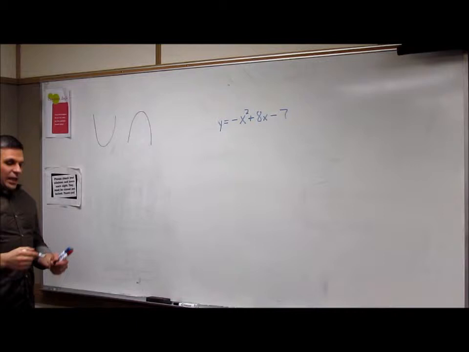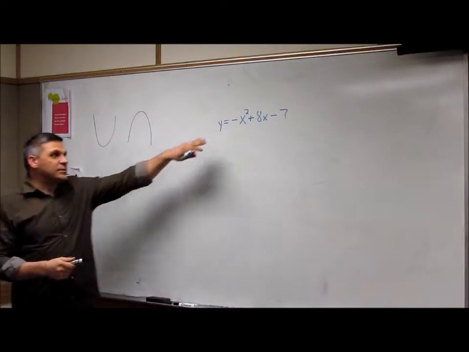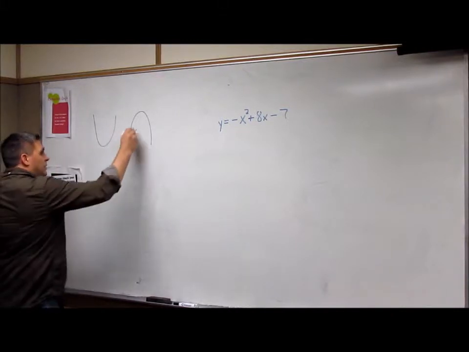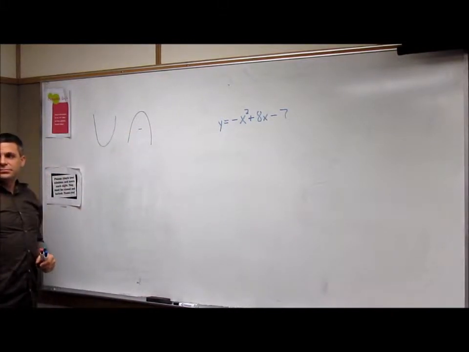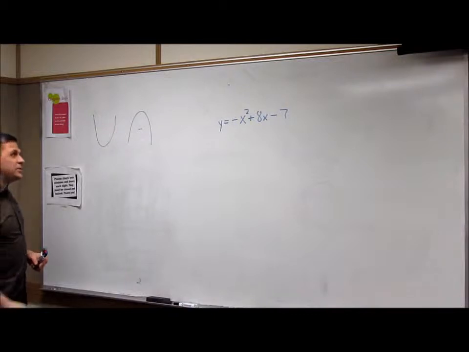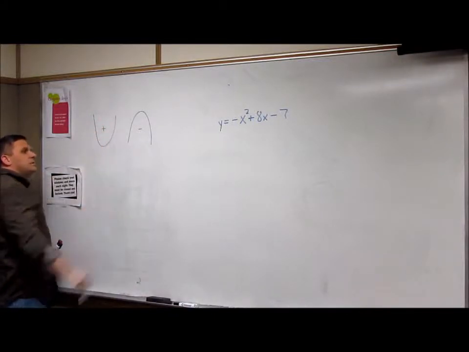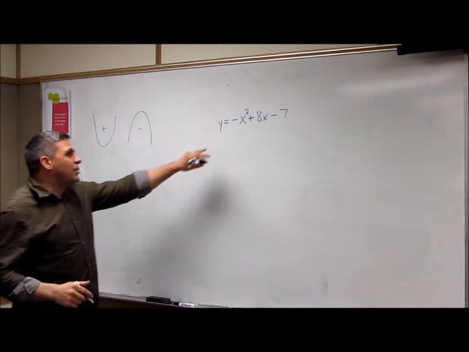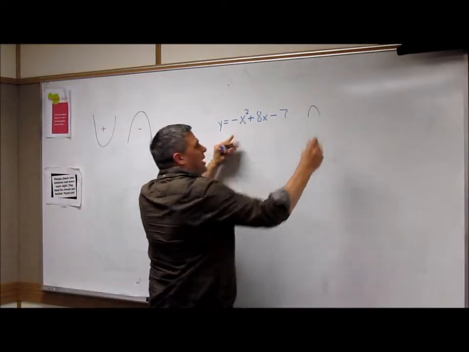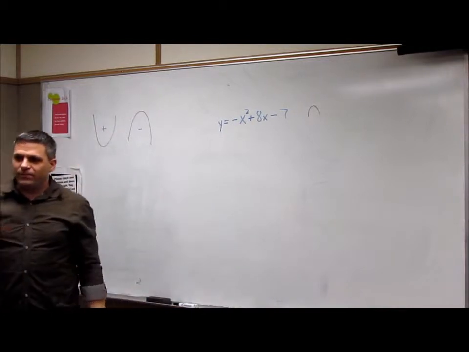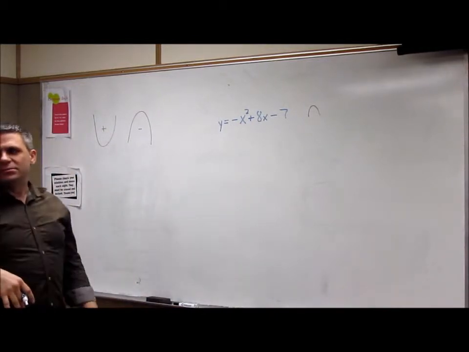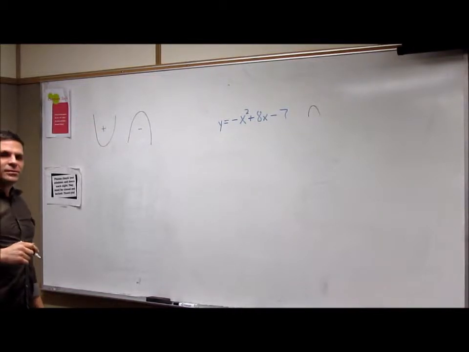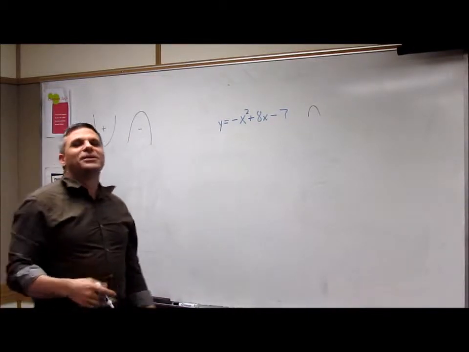If the first coefficient is negative, then they're sad. If the first coefficient is positive, then they're happy. So right off the bat, I know that this is sad, so I'll put a little note showing this one's sad. So when it asks which direction the graph opens, it would be downward.